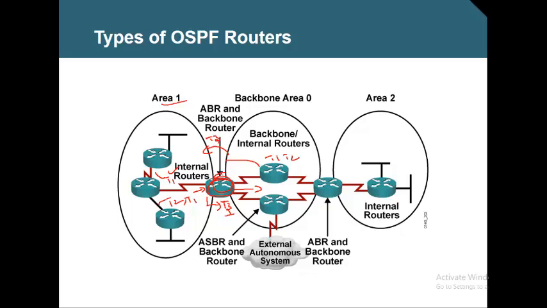So what I'm trying to say here is you have a special LSA type called summary LSA, which is taking the advertisements of one area to other area. How do they get the routes? They convert area 1's type 1 and type 2 into type 3 before sending it to area 0. Likewise, area 0's type 1 and type 2 are converted into type 3 before sending it to area 1.